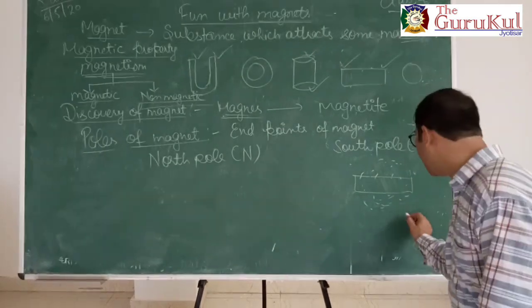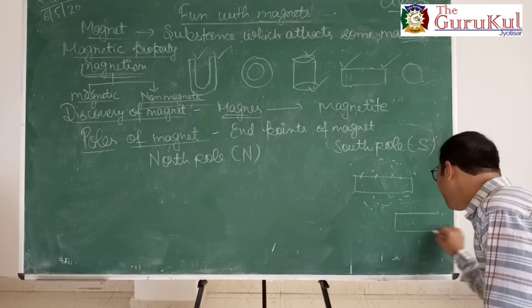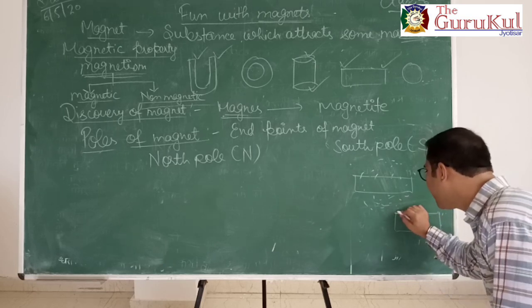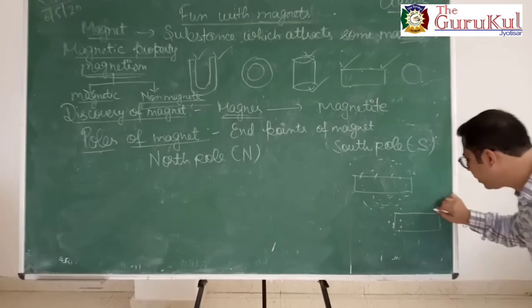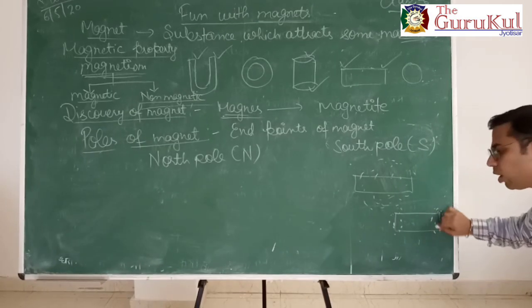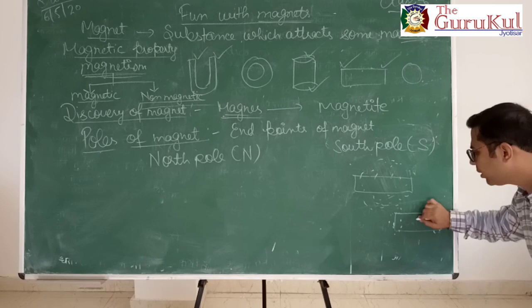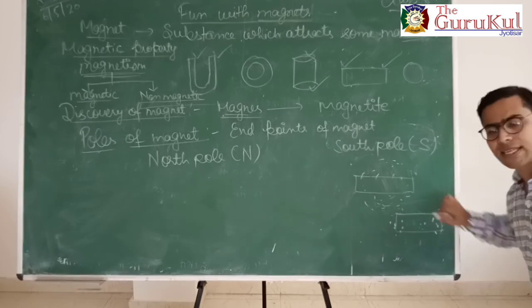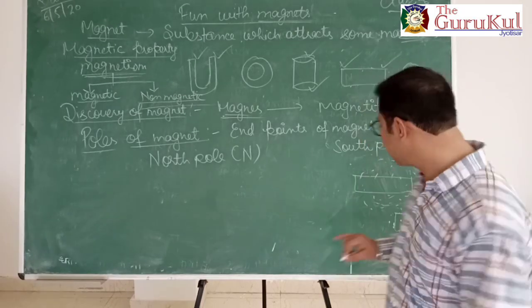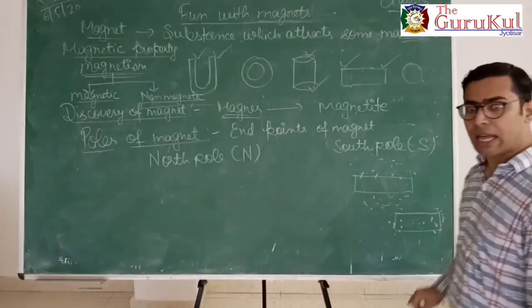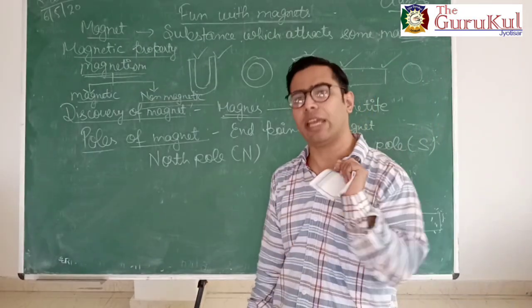You will find that most of the iron pieces are deposited on this end, another lot on this end, but in the middle or the center, very little iron filing or iron powder is there. So you are seeing that the iron filings are not distributed evenly.